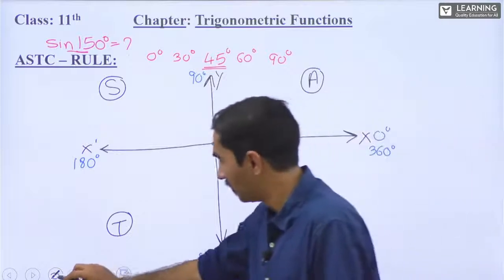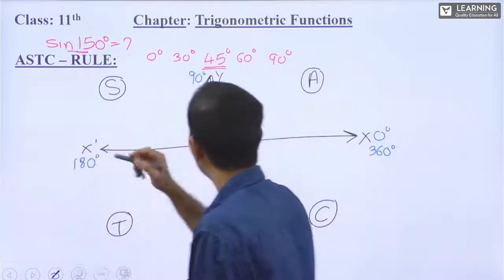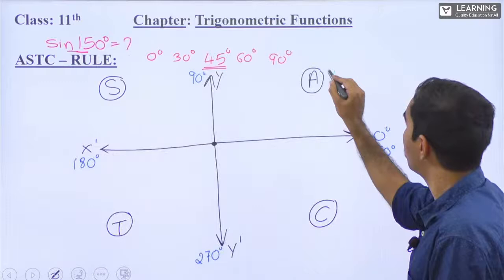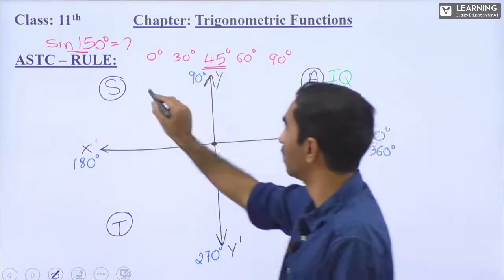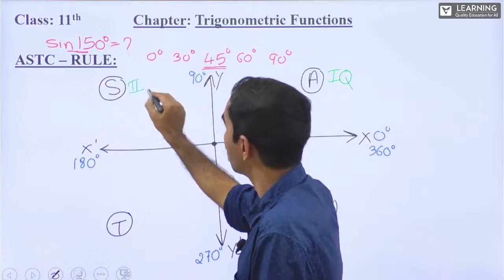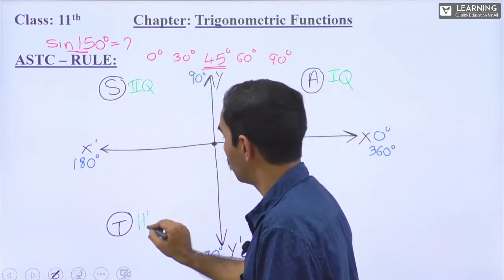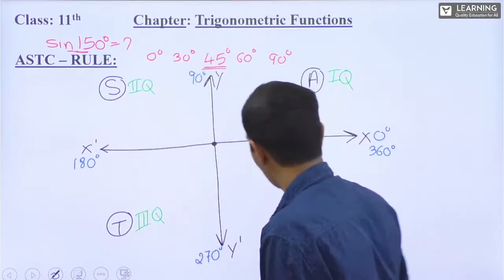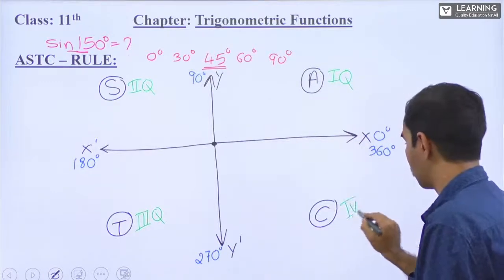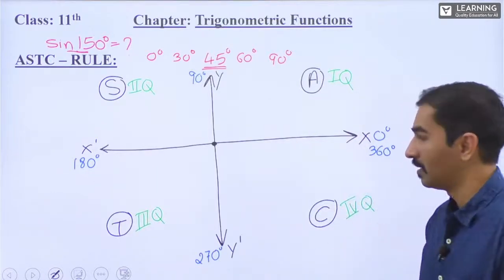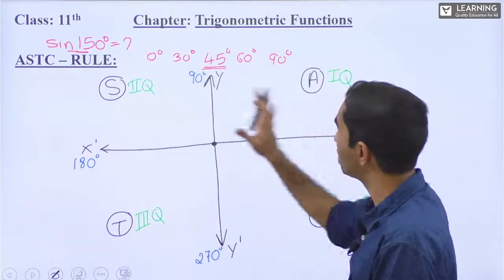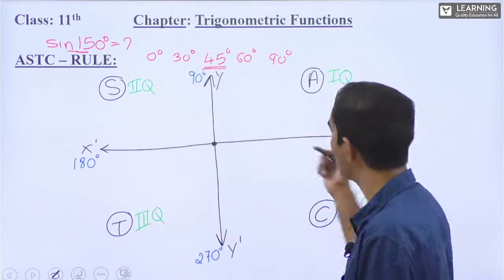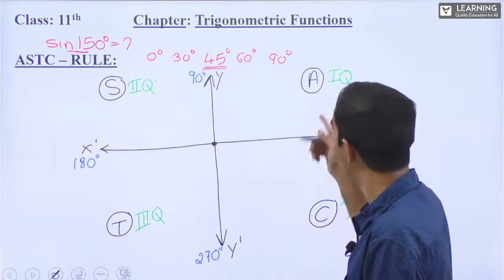Apart from this, we can write the quadrant names. This is called the first quadrant, second quadrant, third quadrant, and fourth quadrant. Now here comes the important part. This is very basic, everything you know here: 0, 90, 180, 270, 360.